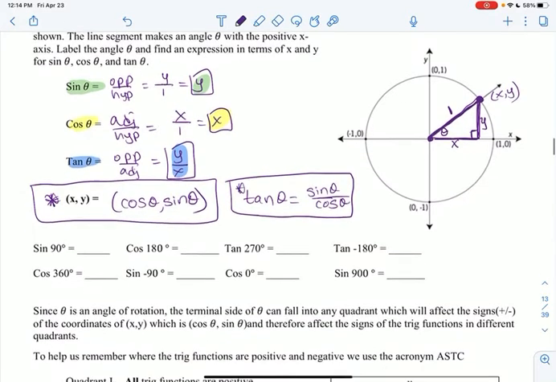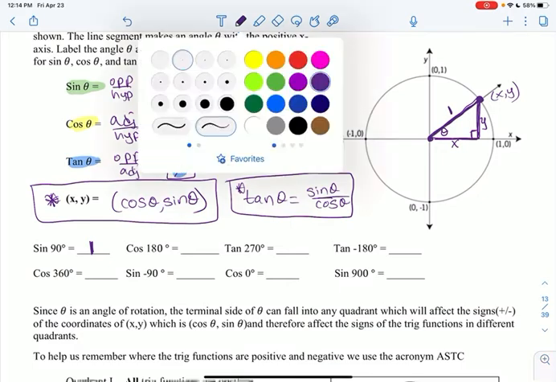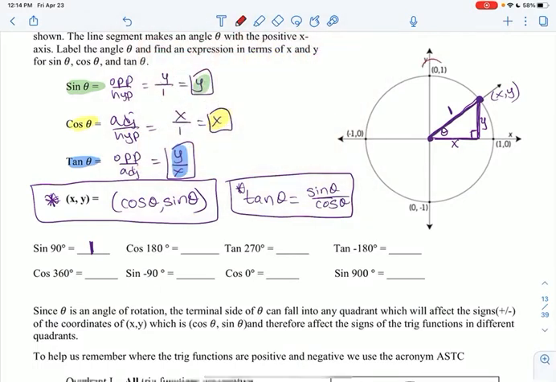So sine of 90 degrees equals 1, because look right here. This is 90 degrees.